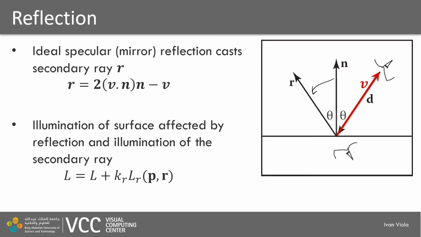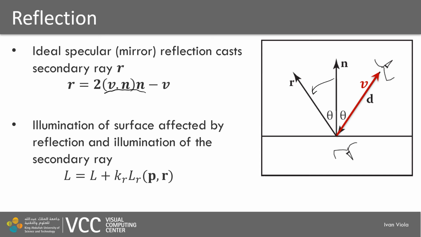How do we calculate this reflection vector? This is easy, because we know the viewing vector and we also know the normal. If we perform the projection of the viewing vector onto the normal, which is this term, then we simply make it twice as long.